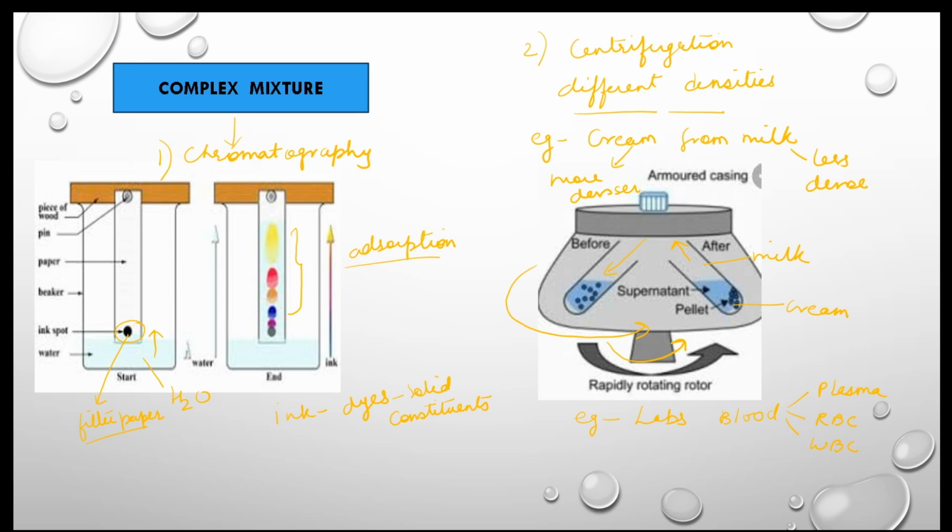And in centrifugation, based on difference in densities, what is happening? The denser particles are settling down, and the less dense particles are moving upwards by the effect of the centrifugal force. This centrifugal force is used for the separation of complex mixtures.